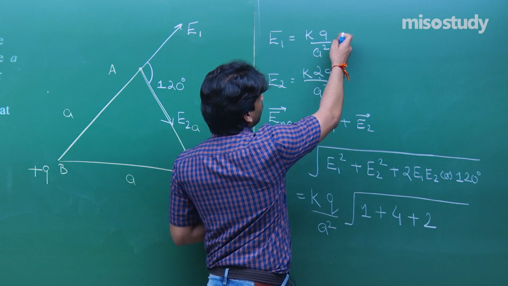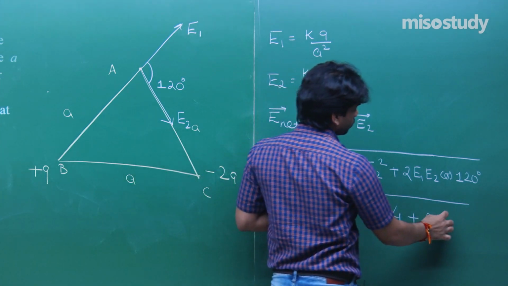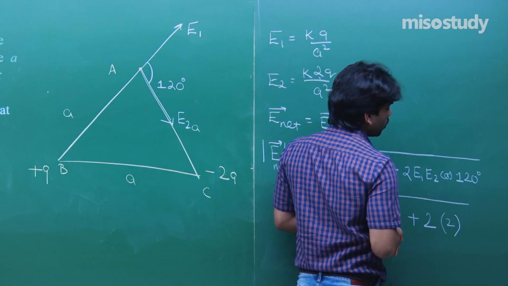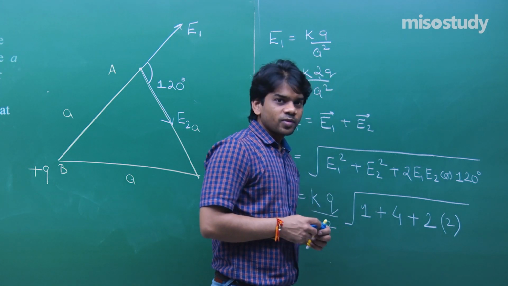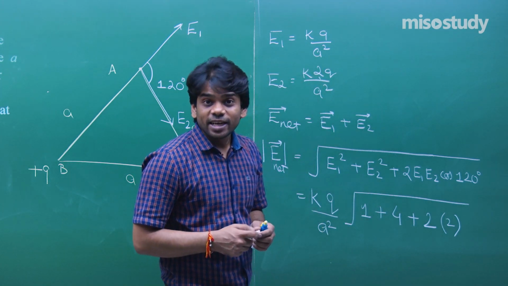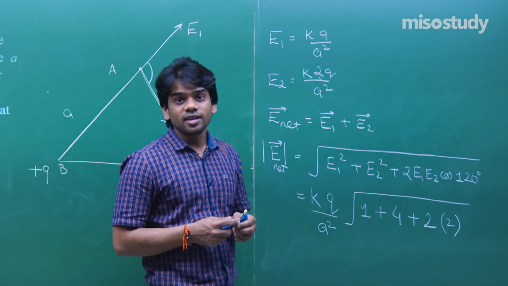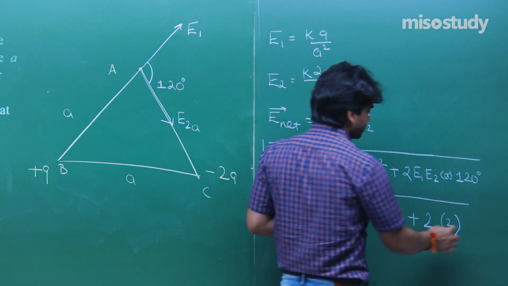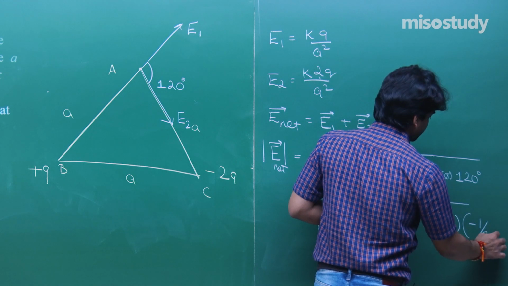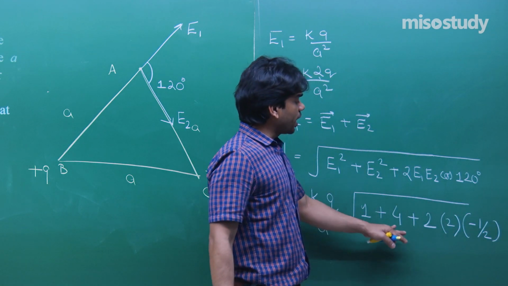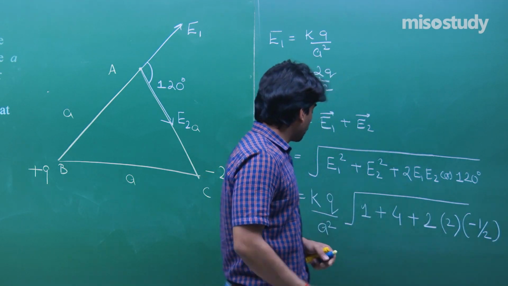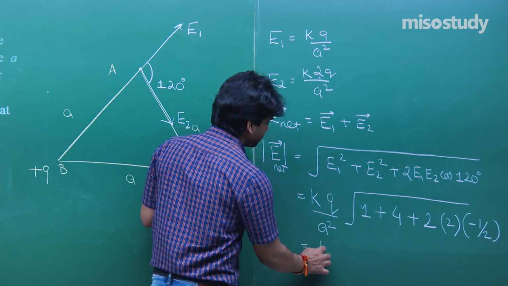So here you will be getting 1 into 2, so 2, and cos 120. Cos 120 you can write as cos pi minus 60, that will give you minus cos 60, that will come to minus 1 by 2. Evaluate: 1 plus 4, 5 and minus 2, so you will be getting root 3.